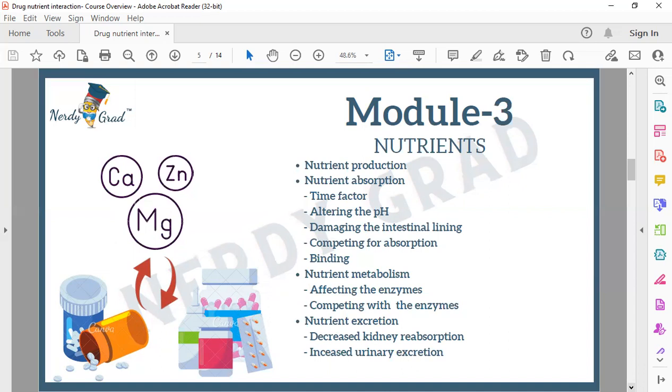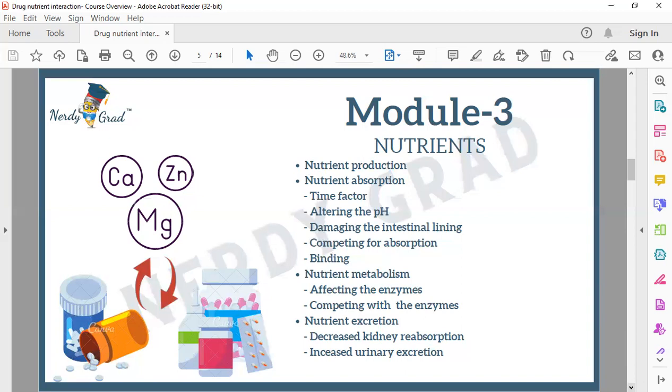And following absorption, we'll touch upon nutrient metabolism, that is affecting the enzymes and competing with the enzymes. And following that, nutrient excretion, how the nutrients get excreted, mainly because of the decreased kidney reabsorption and increased urinary excretion.